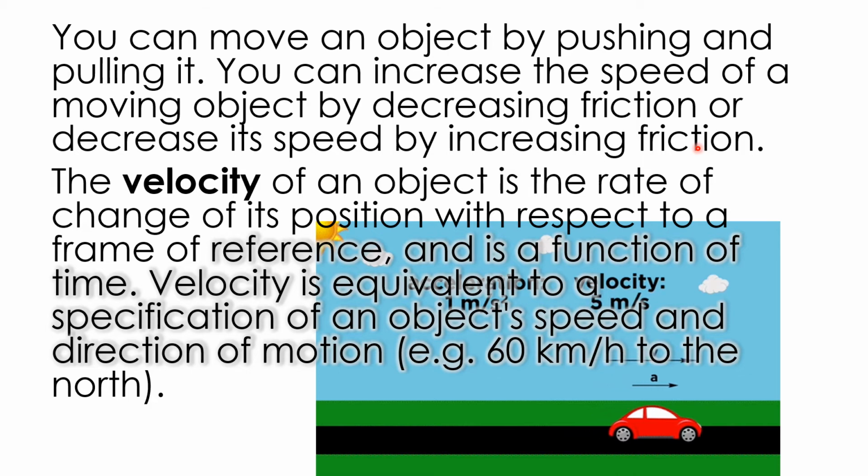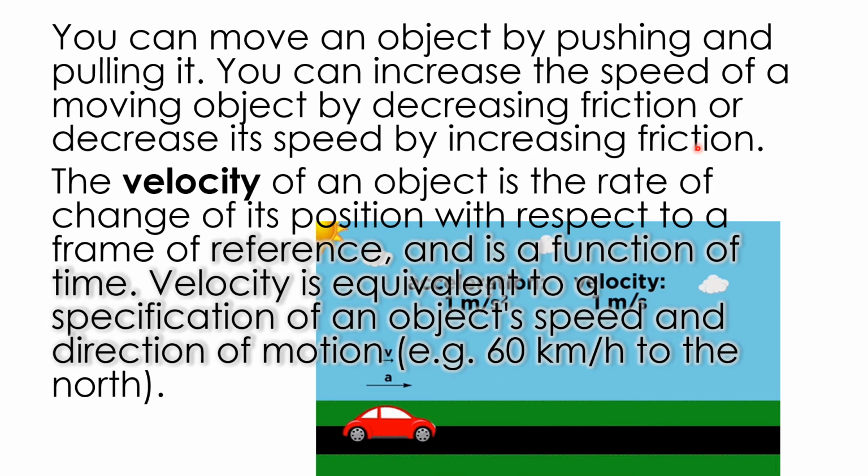Pag tumakbo ang bisikleta dun sa rough road o dun sa batuhan na bato, mabagal siya kesa dun sa bisikleta na tumatakbo dun sa cemented road o sa sementadong daan. Dahil malakas ang friction dun sa batuhan na daan kaysa dun sa sementadong daan.